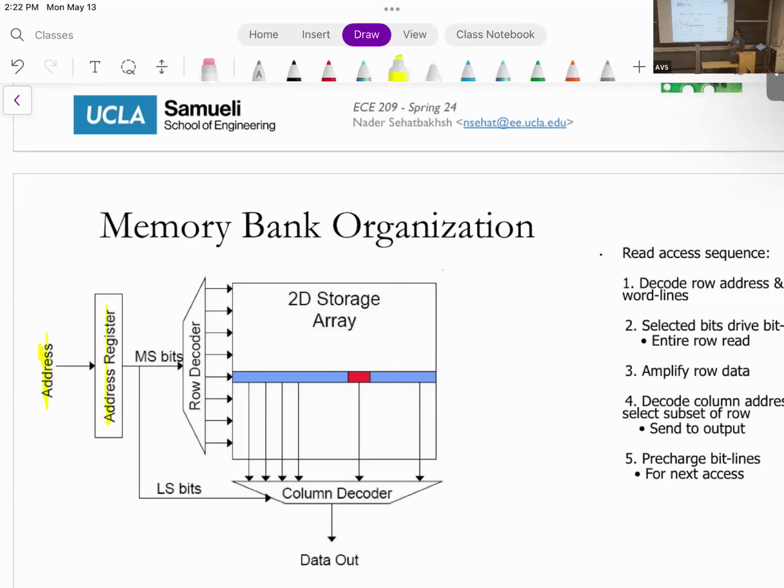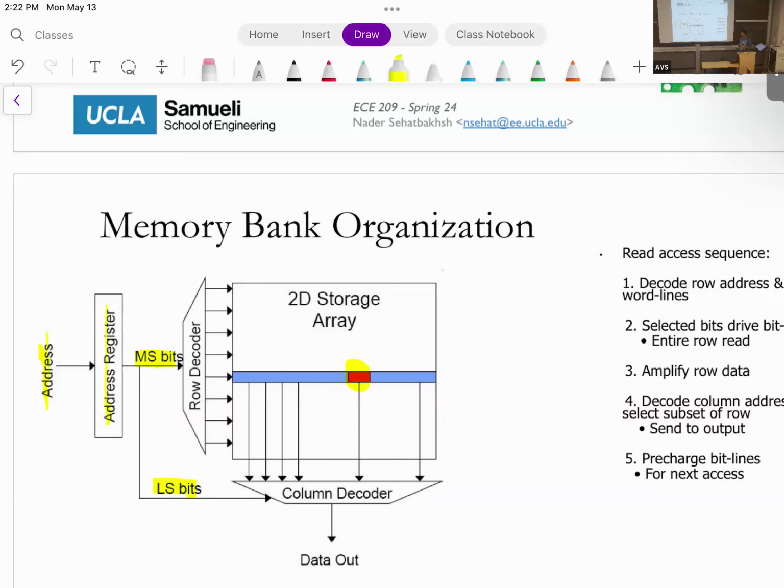And then we have to choose how we want to address the rows and columns. We can do row major or column major. Typically, the most significant bits are used to find the row, and then the least significant bits are used to find the column. So we have the row decoder that takes the address and chooses the particular row. And from that row, we pick out the column that we want.